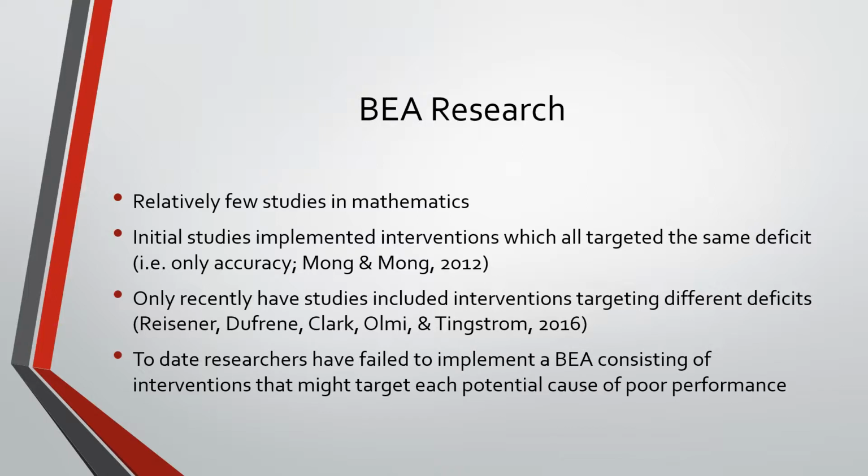So there may be an intervention for targeting accuracy, there may be one for fluency, and there may also be a contingent reward type intervention to address performance-based deficits. Even though some studies recently have targeted different areas, no research had targeted all three yet, such as the intervention packages that we had seen with oral reading fluency in the reading literature.